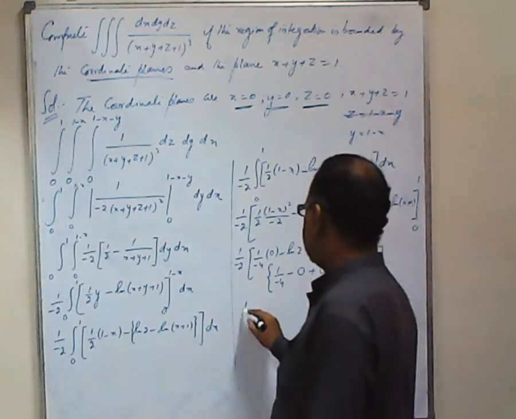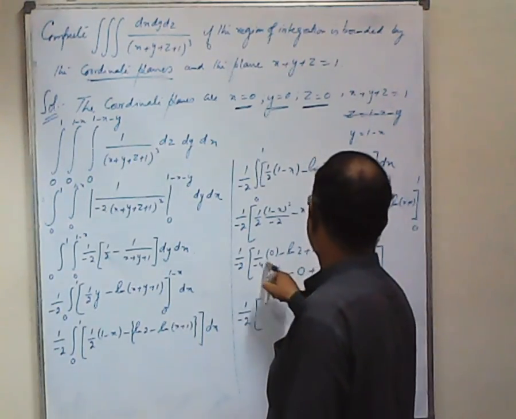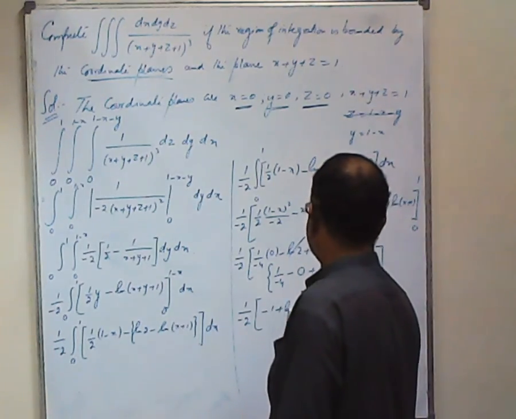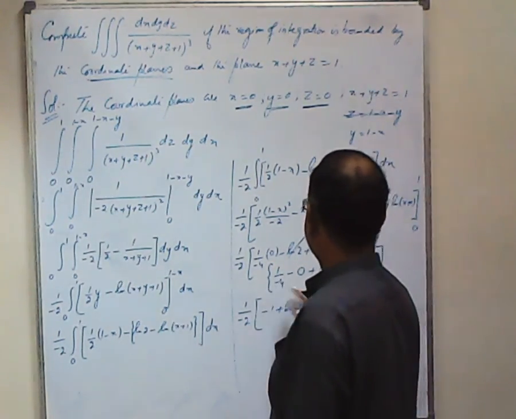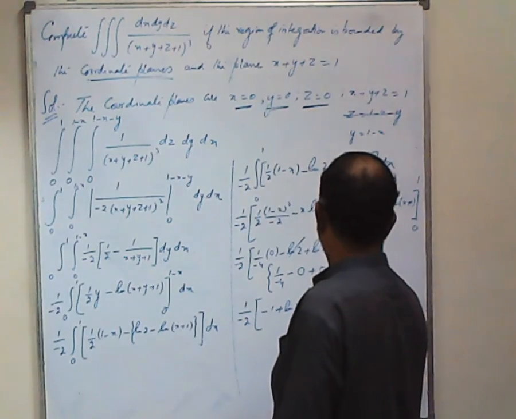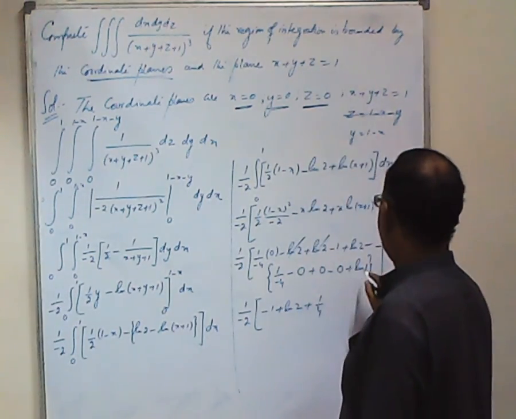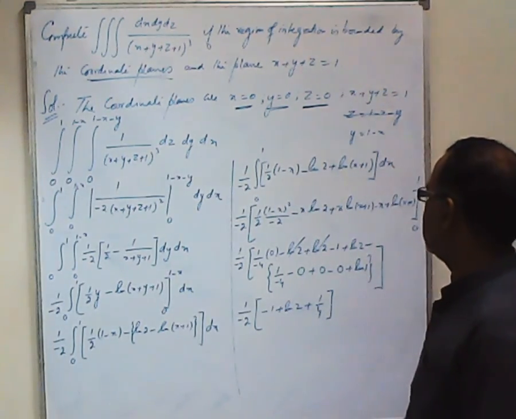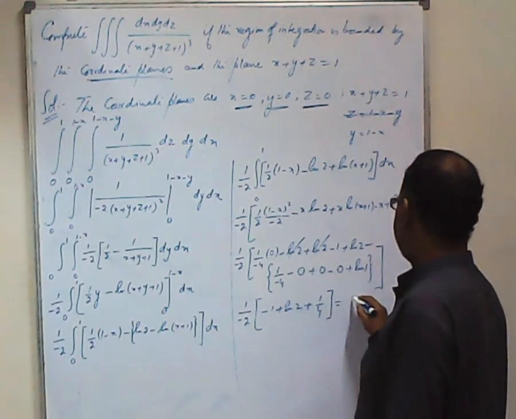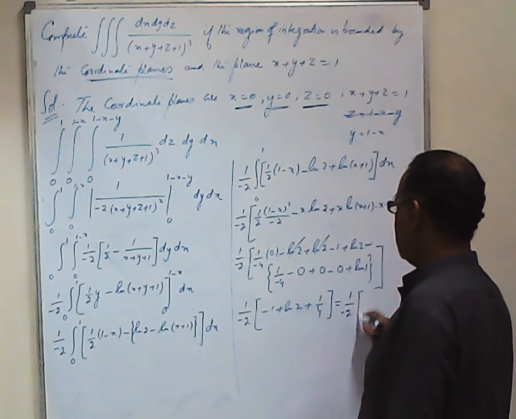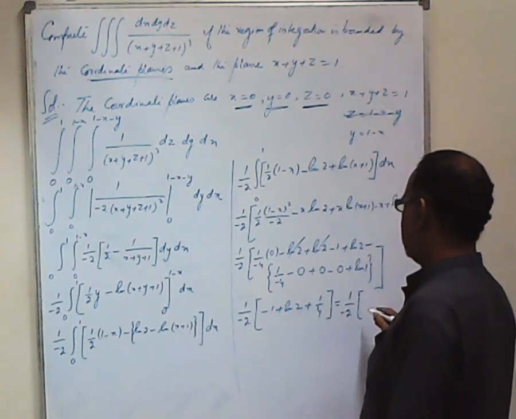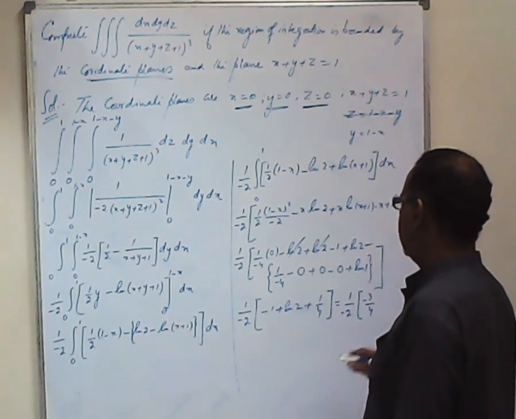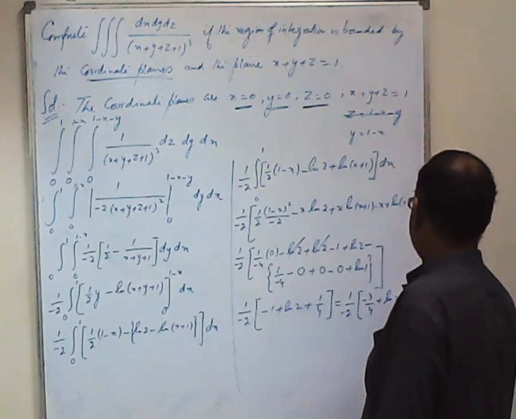So what is left is 1 upon minus 2, then this term is 0, minus log 2 plus log 2 cancels, so minus 1 plus log 2, then minus minus plus 1 upon 4, and then log 1 is 0, so there is no need. So finally we have 1 upon minus 2, and then 1 upon 4 minus 1 is minus 3 upon 4 plus log 2.